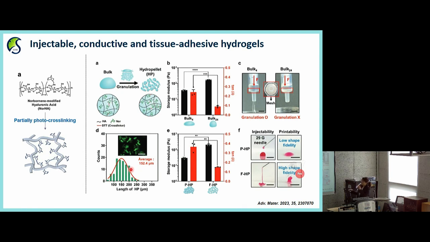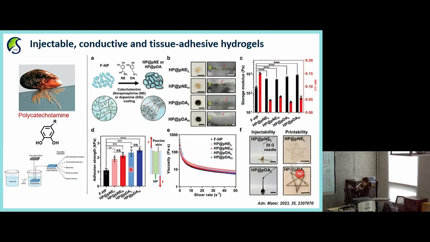After that, we can get the granular structures. Then we coat those granules with polydopamine for tissue adhesiveness. So this is the brown-colored hydrogel with adhesiveness, printability, and conductivity as well.